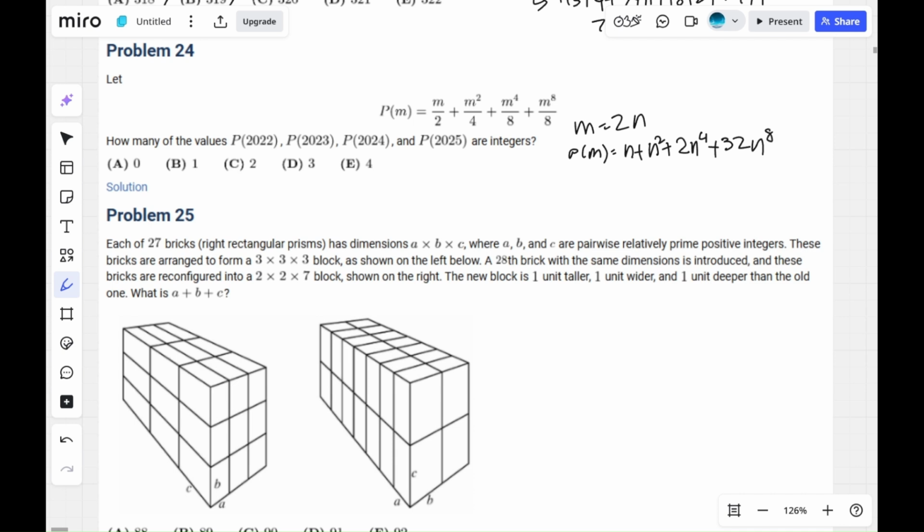And because n is an integer, we know that P of m will be an integer if m is even. So P 2022 and P 2024 are integers.